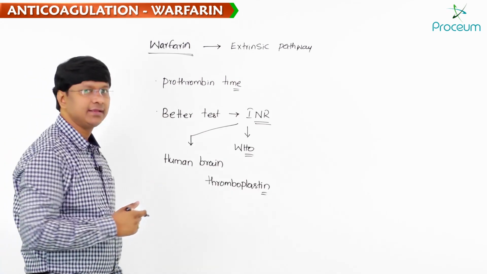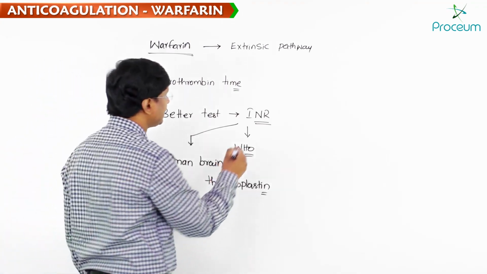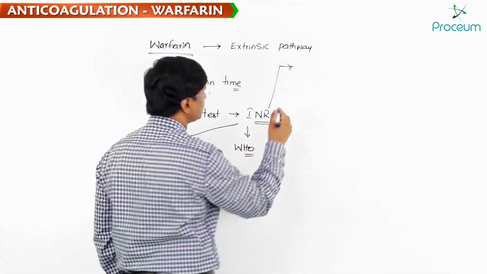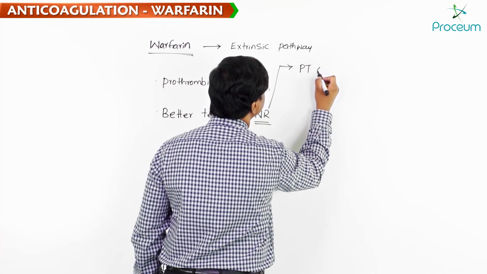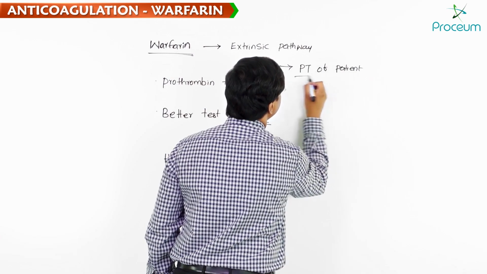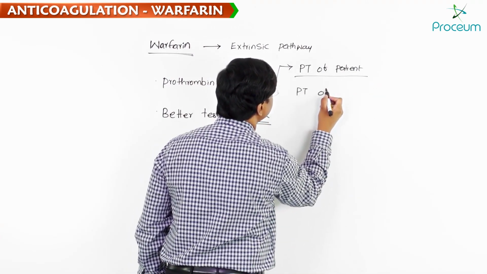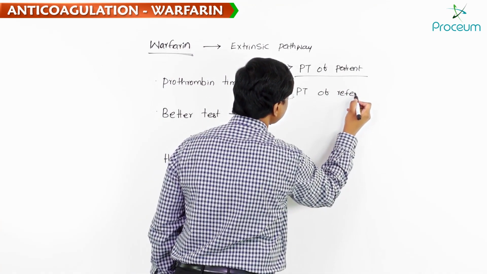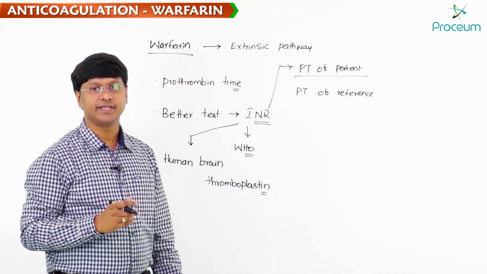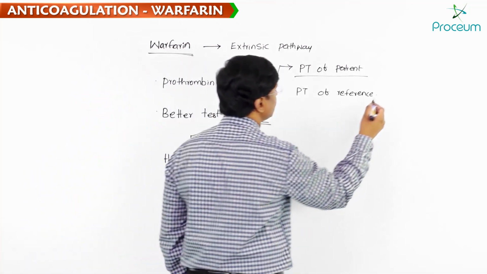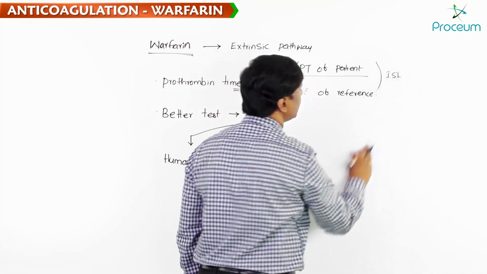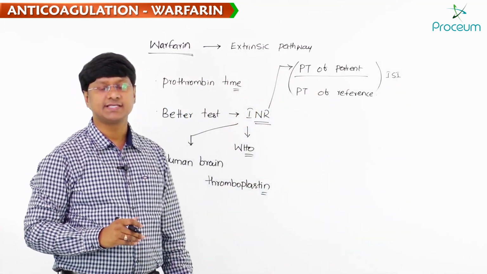Okay. Now how do we calculate this INR? The INR is equivalent to the prothrombin time of the patient, divided by the prothrombin time of reference, raised to the power of the ISI. Now what does this ISI stand for?